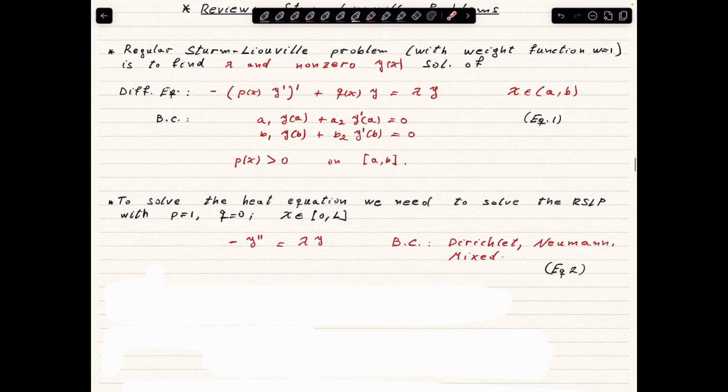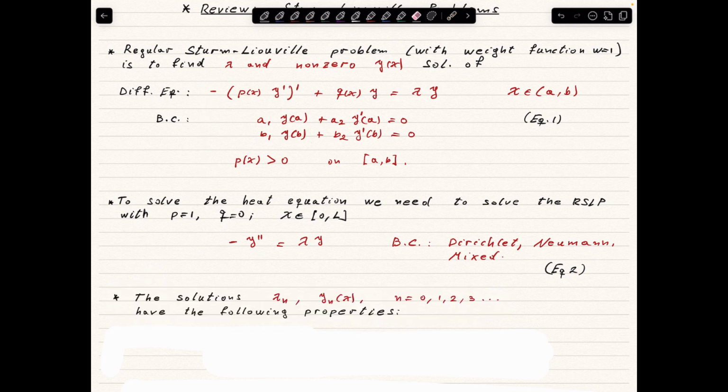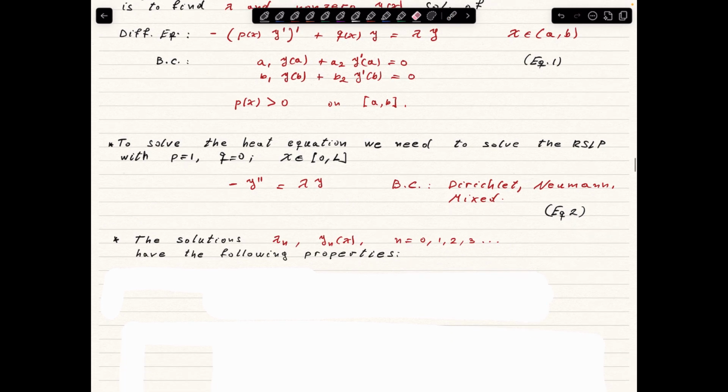The solutions of Sturm-Liouville problems, this type of problems, have very nice properties. Among these properties we highlight 2 properties. So first of all, these problems have infinitely many solutions that we label with lambda n and yn. There are several ways to label the eigenfunctions.